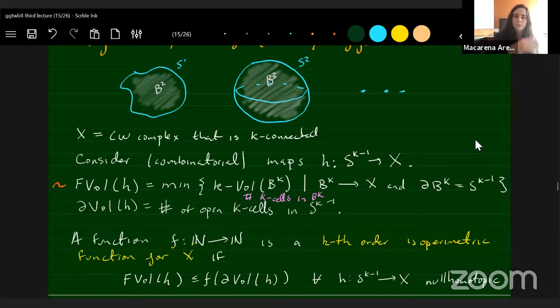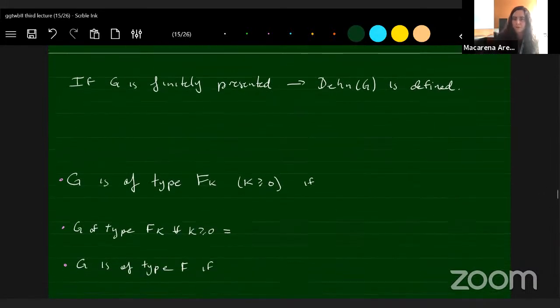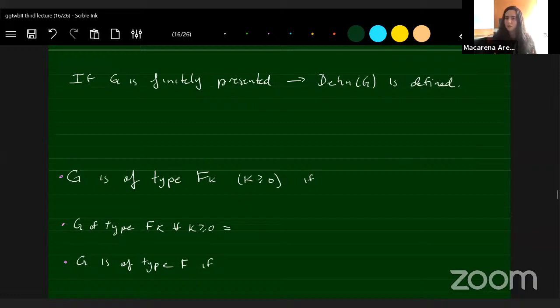Okay? So this is just a definition. It has nothing to do with groups a priori, it's just about topological spaces. Okay, so how do we make this a definition about groups?